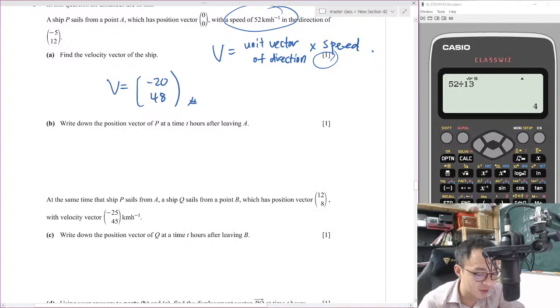Write down the position vector of P at time t hours after leaving A. So here you want to find the position vector.